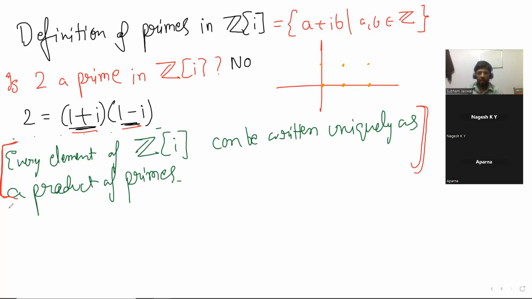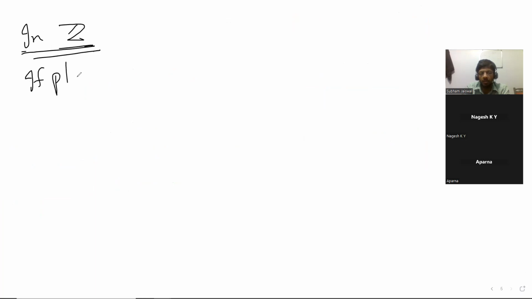Now we have another property of primes. In integers, in Z, we say that if P divides AB, then P divides A or P divides B. We say this in Z, right?